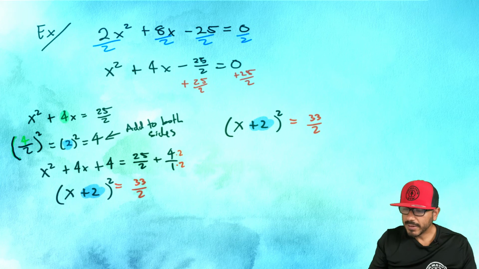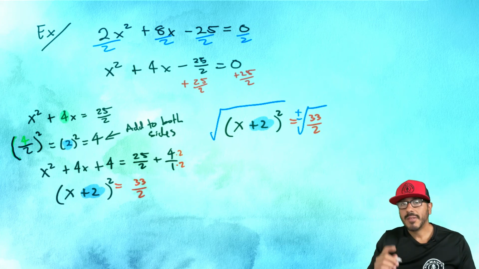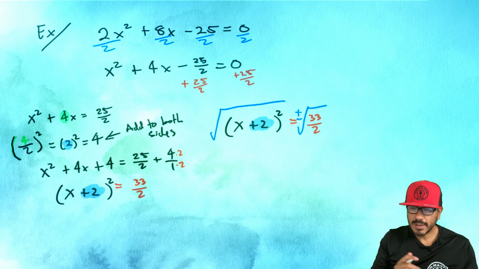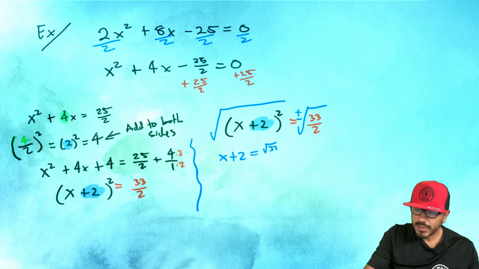All right, how do I get rid of that square? That's right, we take the square root of both sides. Don't forget, we're going to have a plus or minus. We're going to have two equations there that we're solving for. So one equation is going to be x plus 2 equals the square root of 33 over the square root of 2.